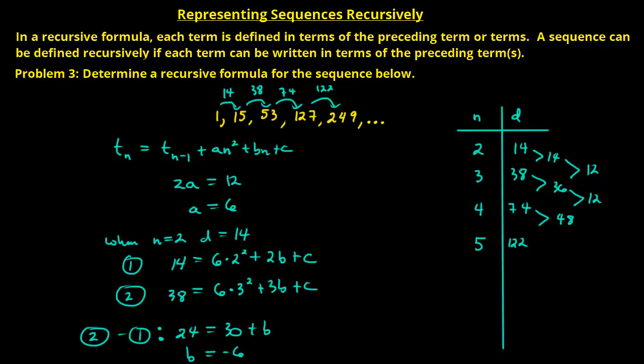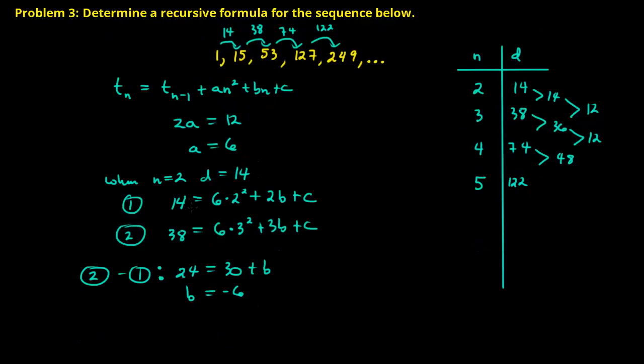And lastly, we can substitute b being negative 6 into either of these equations. So we're going to substitute b equal to minus 6 into 1.